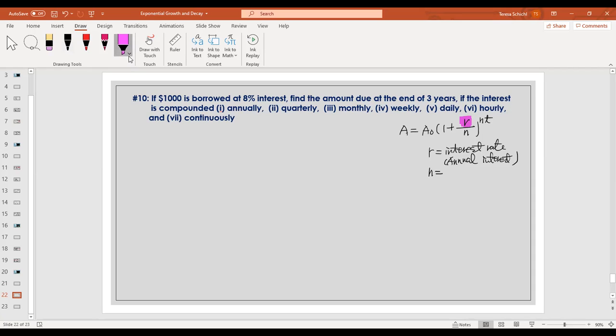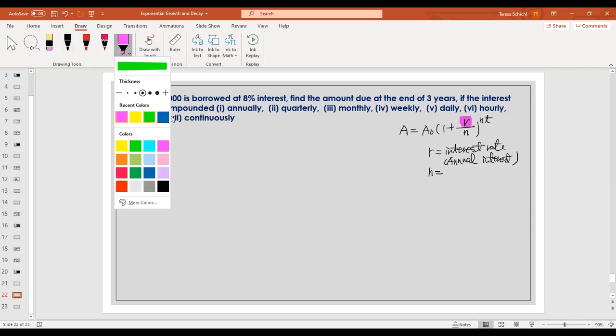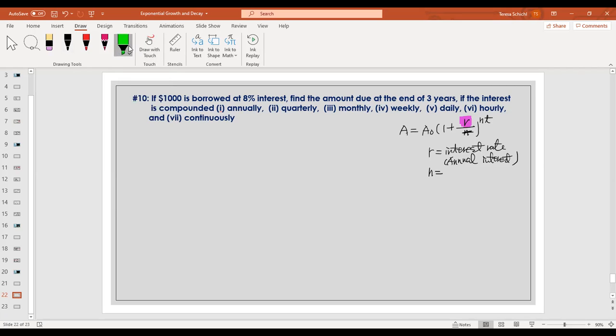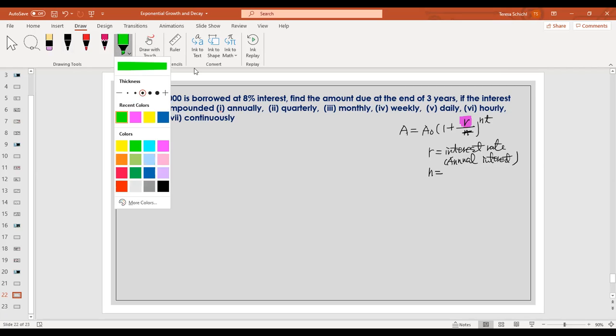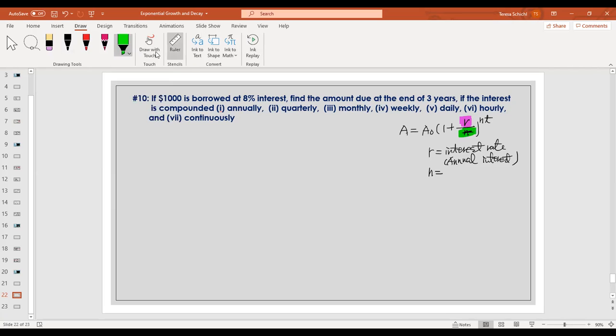The next number we need to know is this n. What is n? n is the number of compounding times per year.